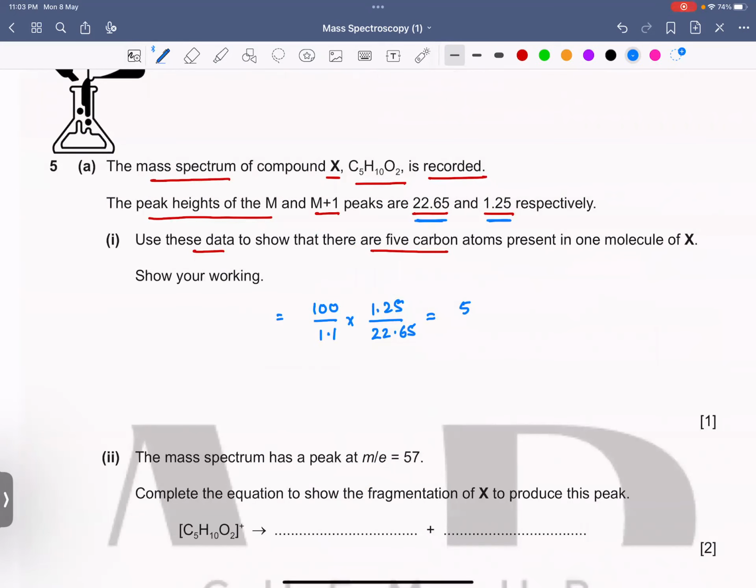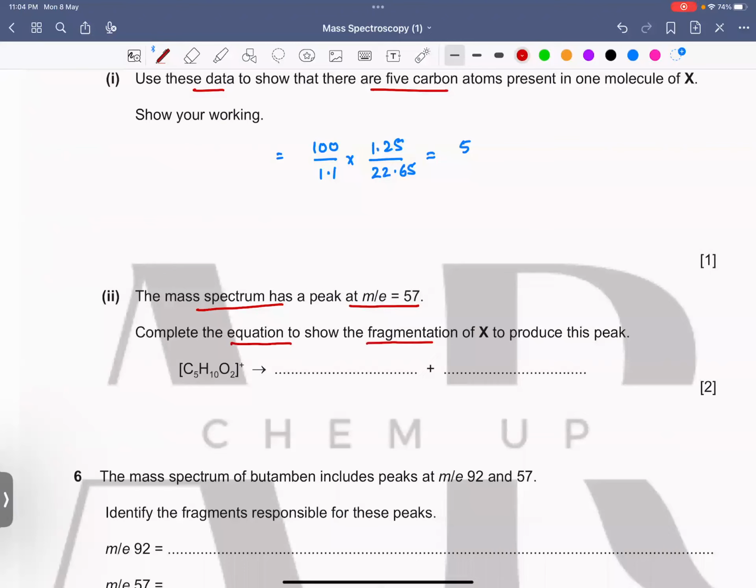Right. The mass spectrum has a peak at m/e equal to 57. Complete the equation to show the fragmentation of X to produce this peak. Okay, so first we have to identify the fragment having a mass of 57.